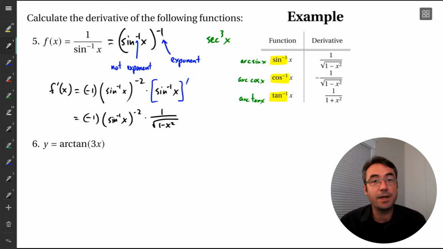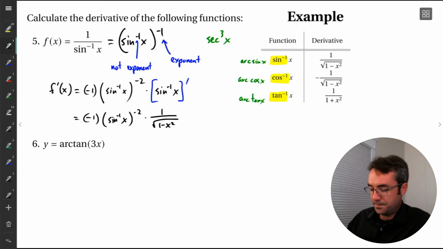Here we're using the arctan notation. We have y equal to arctan of 3x, and we want to differentiate this thing. What's the outer function? What's the inner function? I see a nice set of parentheses here. What's inside those parentheses is my inner function, 3x. Arctan is outside, so arctan is my outer function.